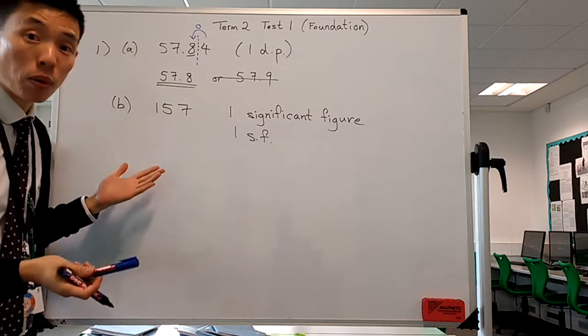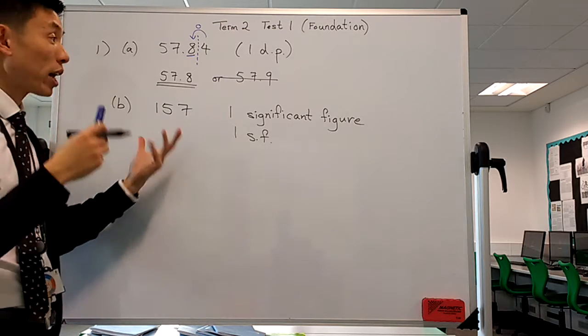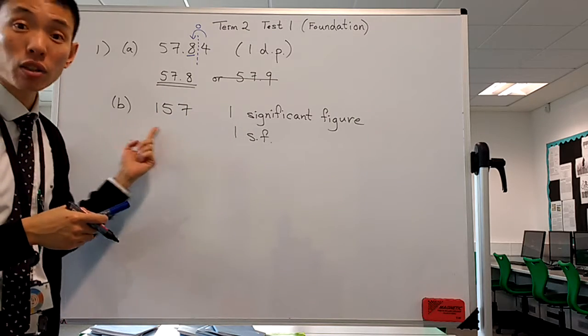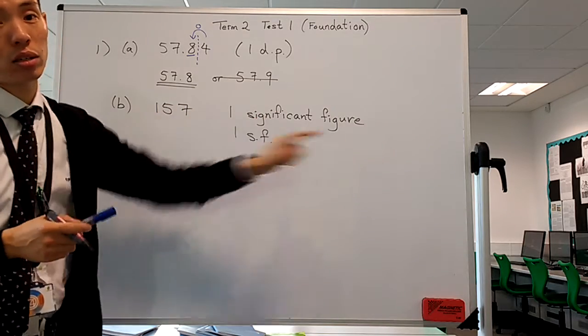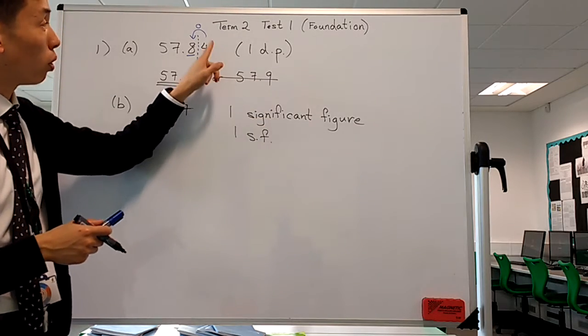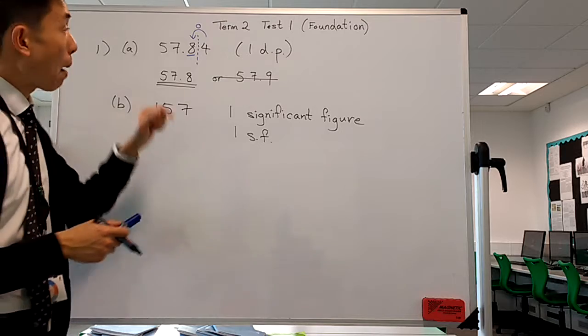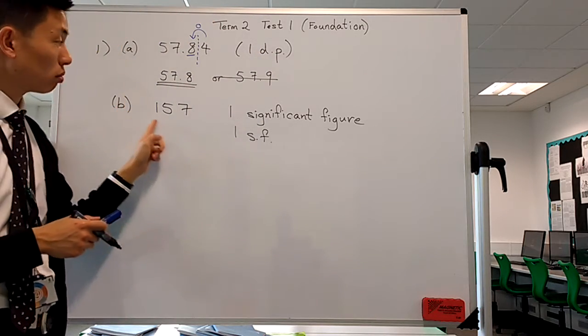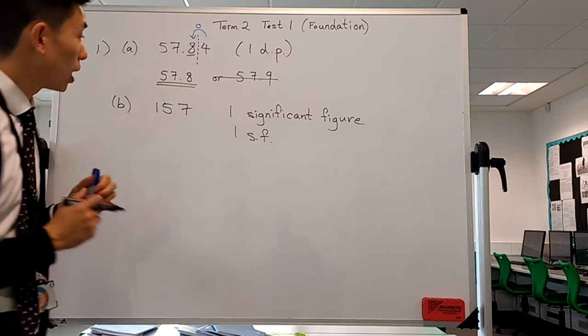Because there's no decimal point, that's why it's useful to be able to round when numbers are not decimal. Hence, we use significant figures. But you can use this as well for decimal numbers. But decimal places cannot be used to round integers.